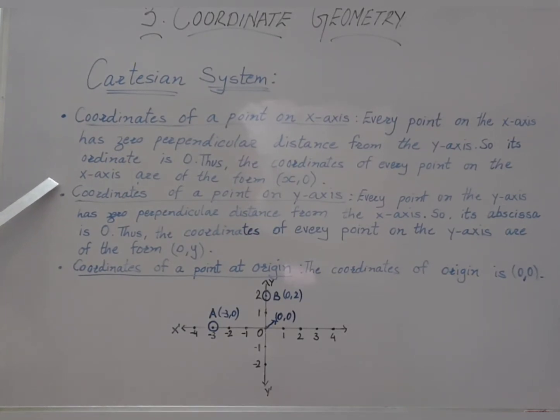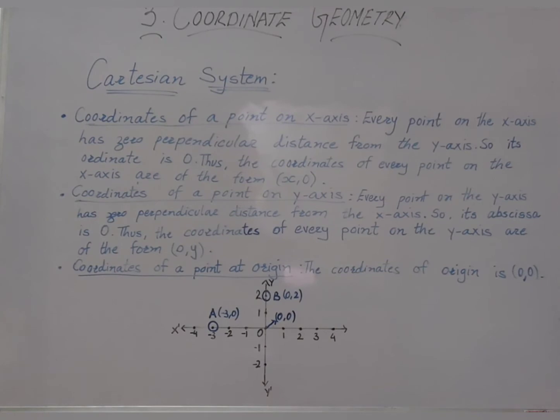Thus, the coordinates of every point on the x-axis are of the form (x, 0). For example, I have given point A which lies on x-axis. It doesn't have any perpendicular distance from y-axis, so its value will always be 0.